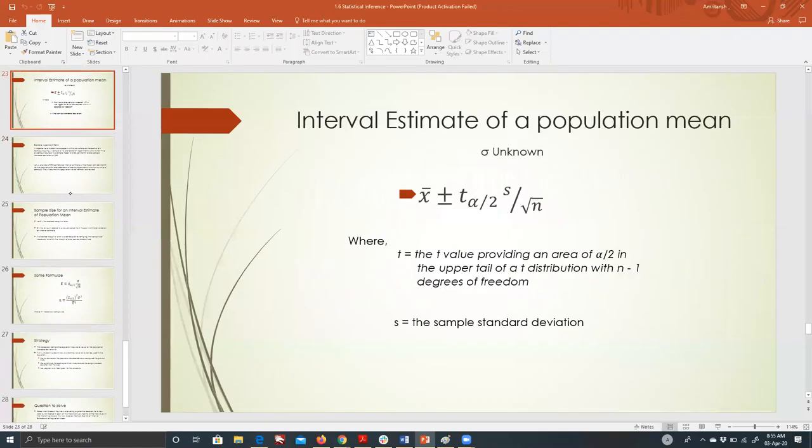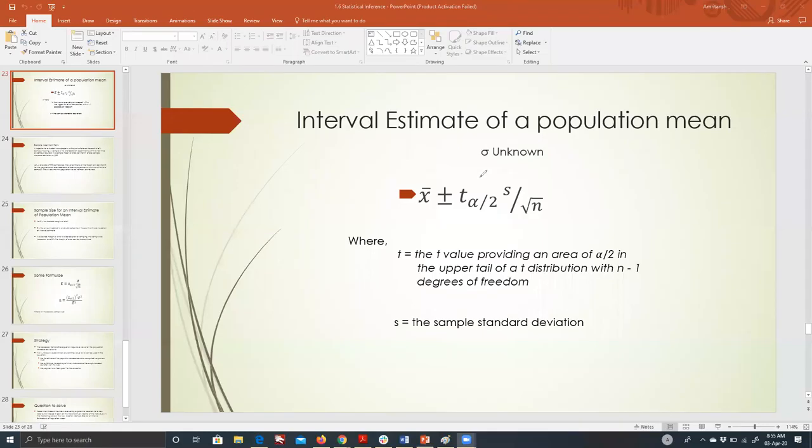So how will you solve this problem? For the 95% confidence interval, directly, you can take this t value for the two-tail test for the 5% error margin and compute the n value.